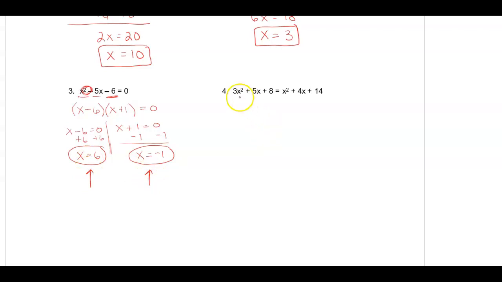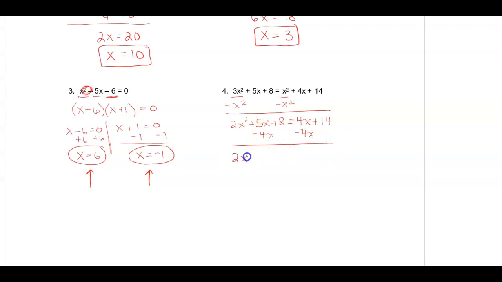Number 4, I have a 3x squared on the left and a 1x squared on the right. So I'm going to subtract 1x squared from both sides. Now I have 2x squared plus 5x plus 8 equals 4x plus 14. Subtract 4x from both sides.